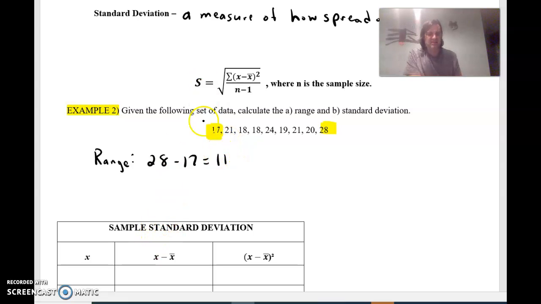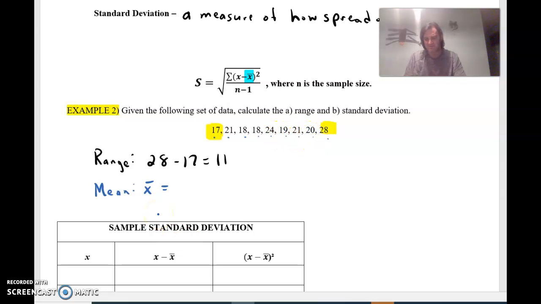Now, as far as finding the standard deviation, you're going to see up here in that formula you're going to have that x bar, which is the mean. So we're going to find that. So the mean, which is x bar, we need to add these things up and divide by how many there are. So there's 1, 2, 3, 4, 5, 6, 7, 8, 9 of them.